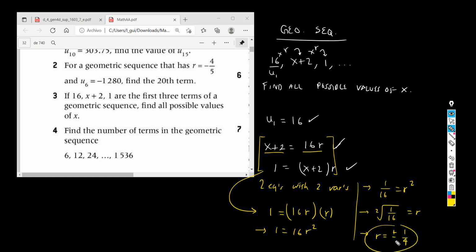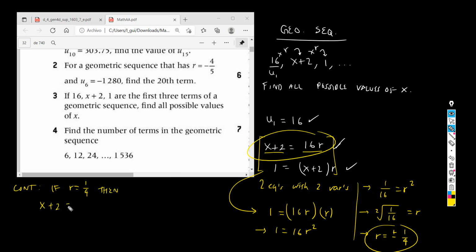So you have two possibilities for r, but they're not asking you about r, they're asking you about x. So let's consider, I'm gonna continue here. Let's consider this, guys. If r is 1/4, then consider this equation once again.